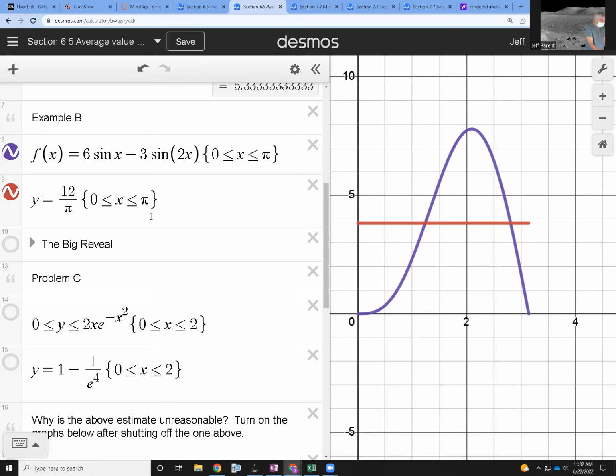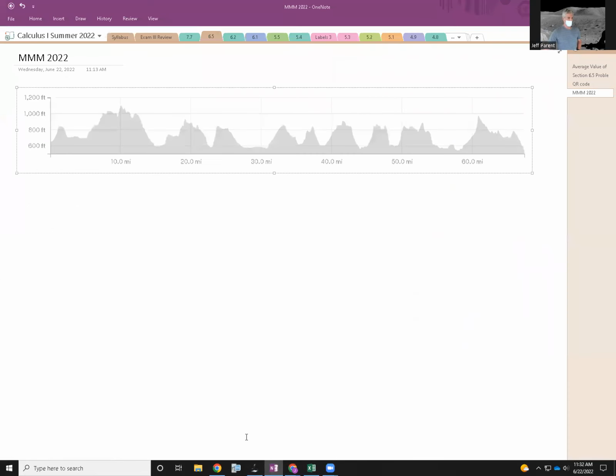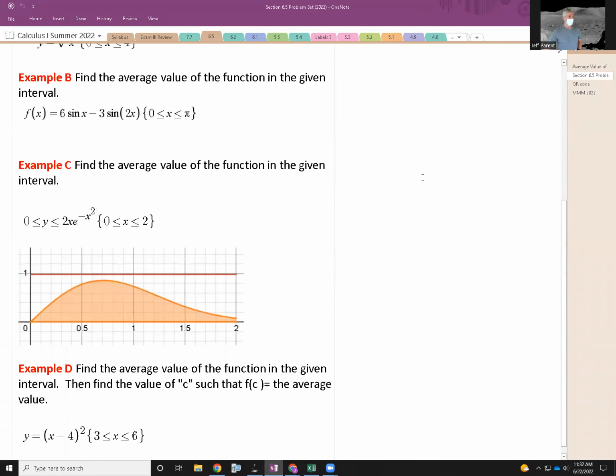Okay. Let's try example C. So example C asks us to find the average value of this function, y equals 2x e to the negative x squared. So another chance for us to flex our integrating muscles.